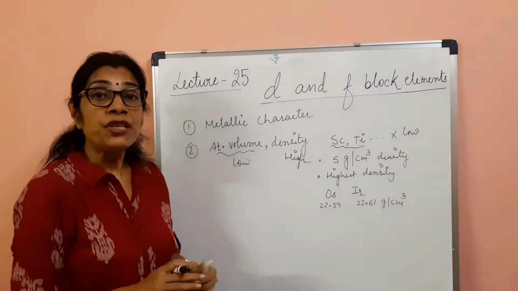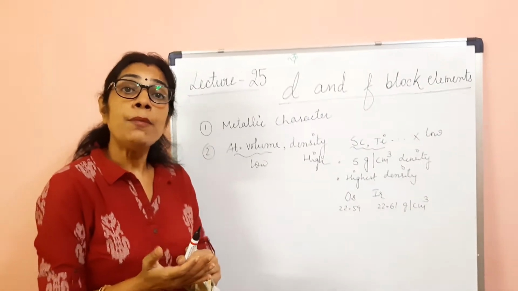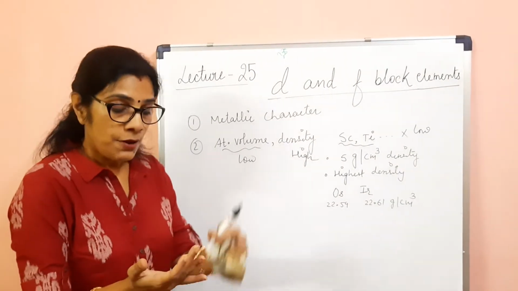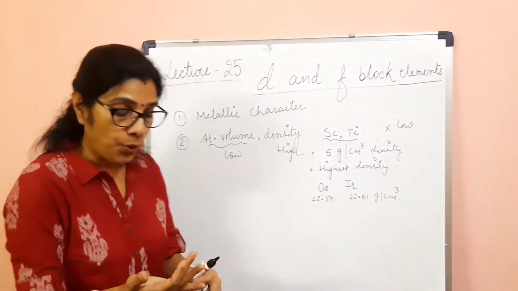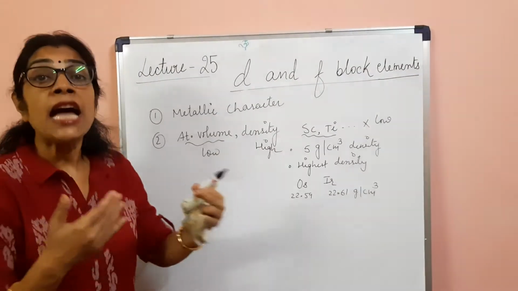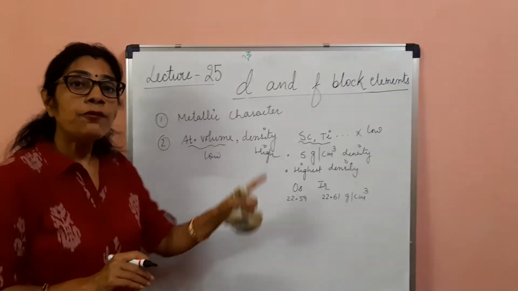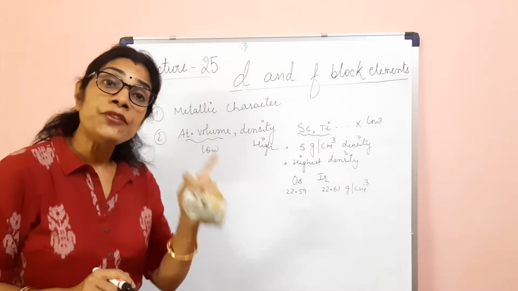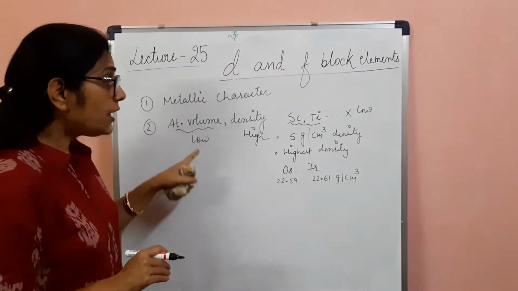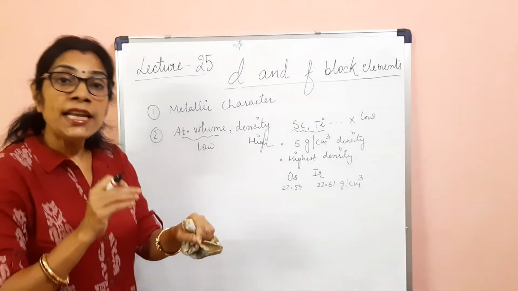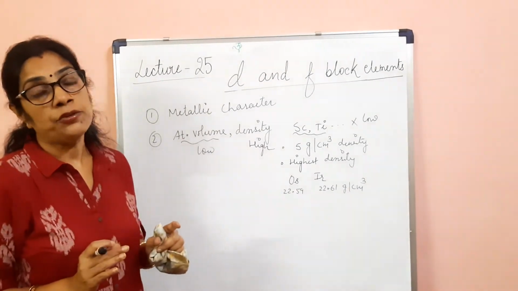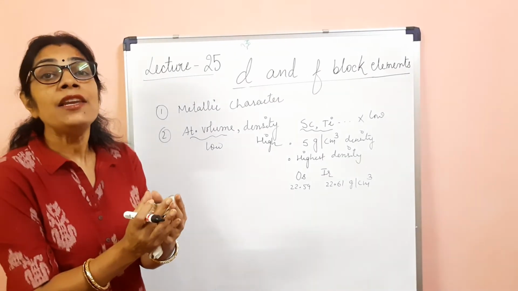So whenever a question is asked, why do transition metals have high density, why do they have high melting and boiling point, why do they have high enthalpy of atomization, the answer for all these conceptual and reasoning questions is that they possess a greater number of unpaired electrons, so they have strong metallic bonding.